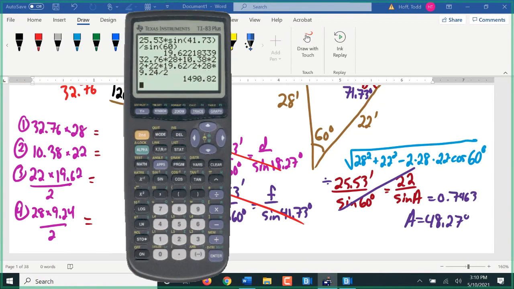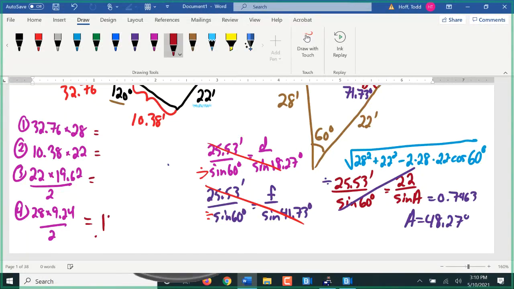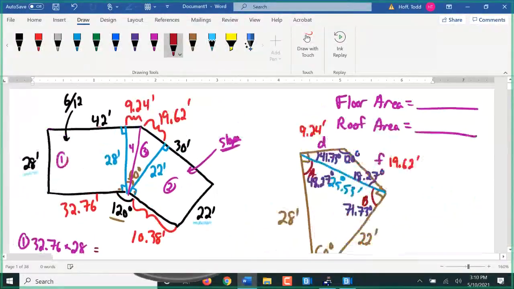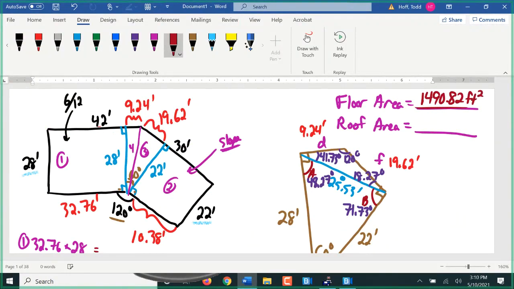We get 1490.82. That is square feet, and that is our floor area. We have the area of the floor of this piece.